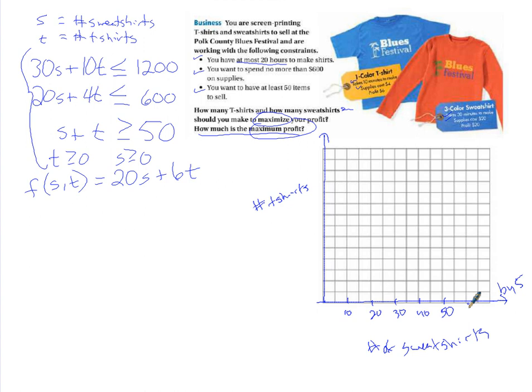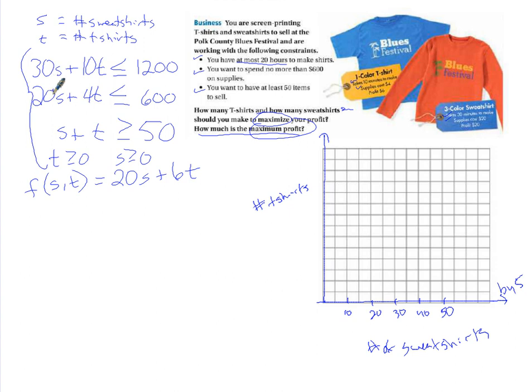I'm not going to put any points on there just yet, but now I know my scale because I'm trying to figure this out using intercepts. So now we'll do the same process for t. When s is 0, this term disappears, and I'm left with what? t is 120, so we have a t-intercept of 120.